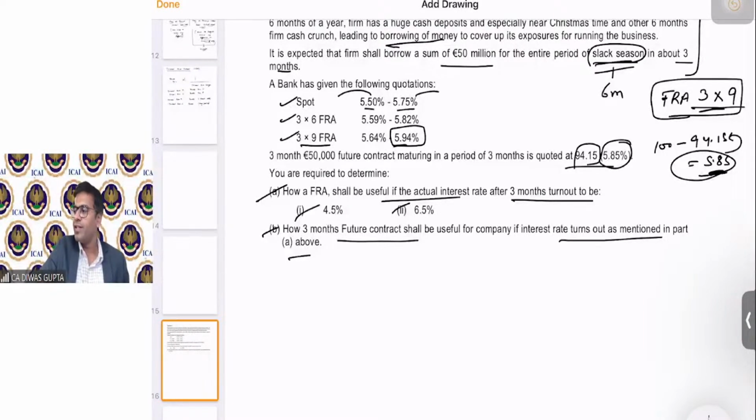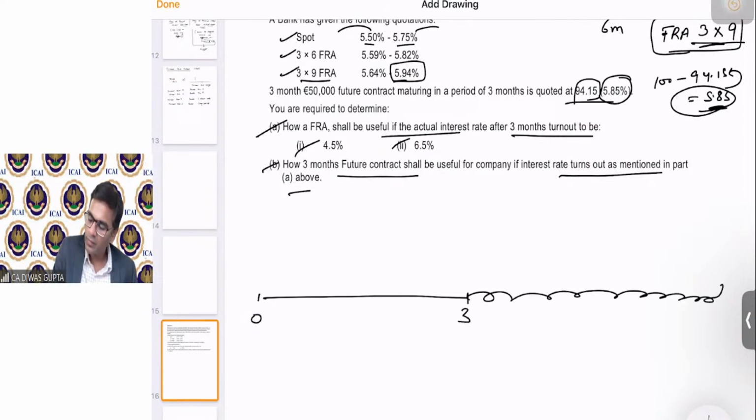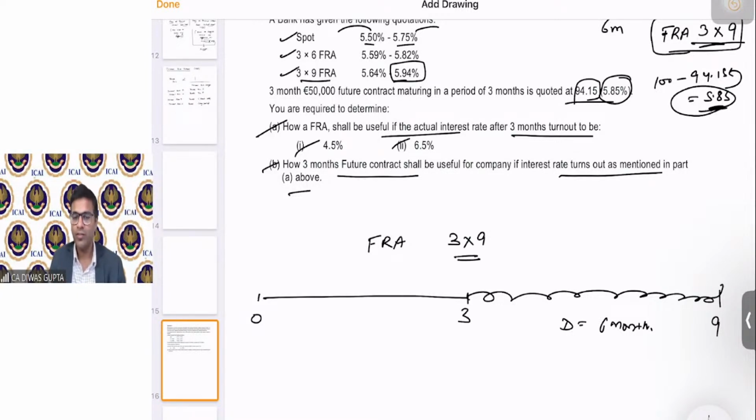So let's start with the first part first, right? We understand from what is given in the question, 0 to 3 months, then 3 months to 9 months, duration is equal to 6 months, right? Duration is equal to 6 months. So this is a FRA of 3 by 9, correct? This is a FRA of 3 by 9.